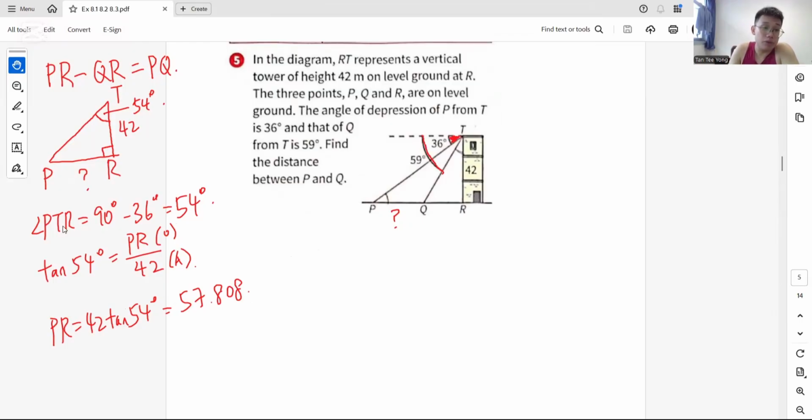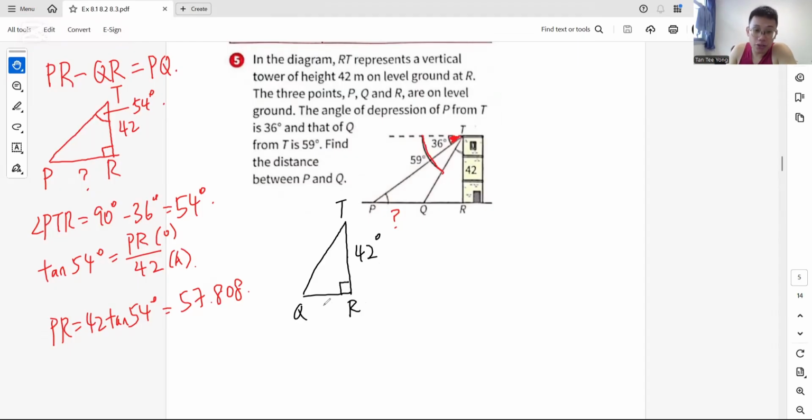Now we need to find PQ. So I'm going to write in blue, maybe black. We want to find QR now. For QR, you need to focus on another triangle, QRT. Same thing: RT, the tower, is 42, and angle QRT is also 90 degrees because it's a vertical tower.